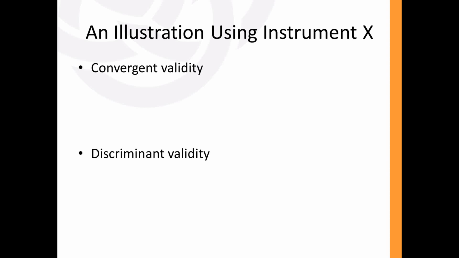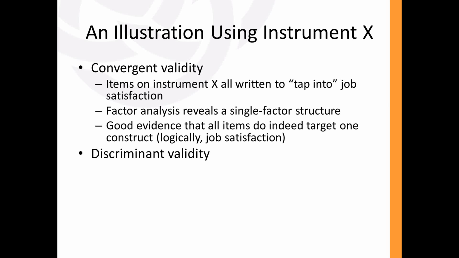But okay, so let's look at an illustration using instrument X. Convergent validity. So items on this instrument are all written to, quote unquote, tap into, let's just say, job satisfaction, right? It's a measure of job satisfaction. And a factor analysis is conducted, reveals a single factor structure.